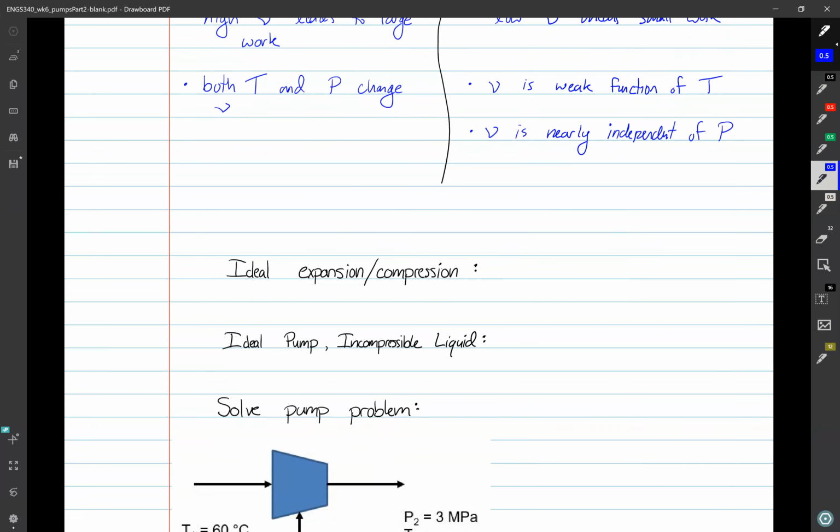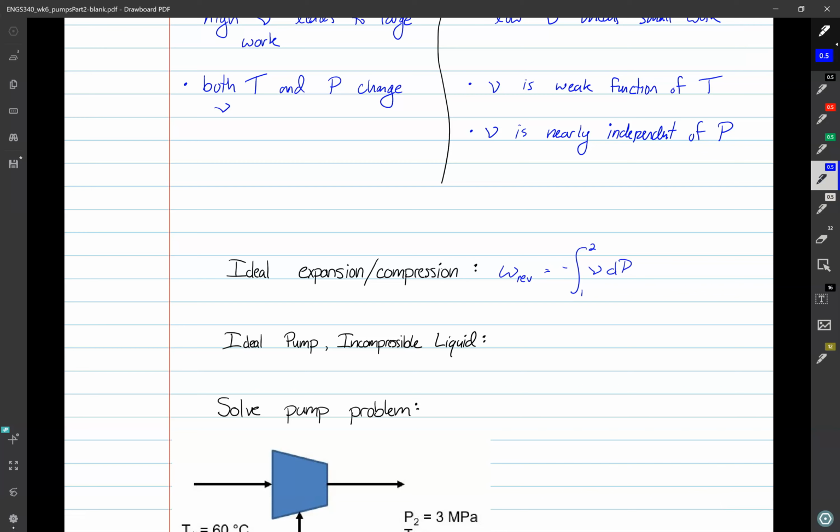So for an ideal expansion or compression, for any gas or liquid, that's the equation that we had before, where the reversible work equals negative the integral from 1 to 2 of specific volume dP.